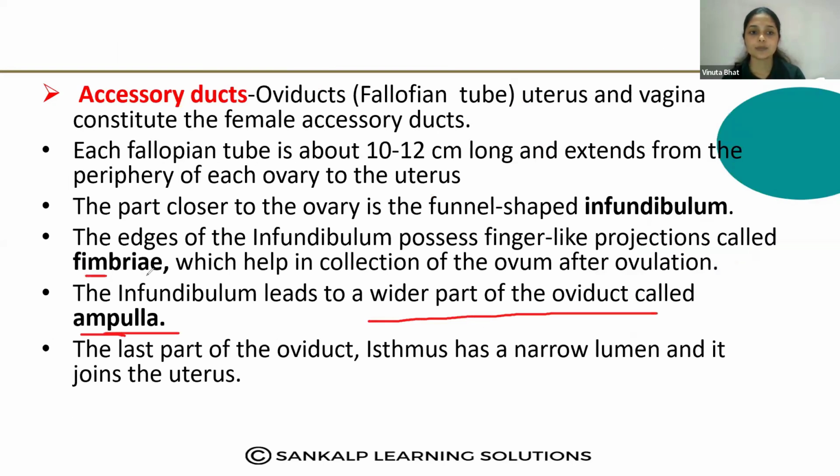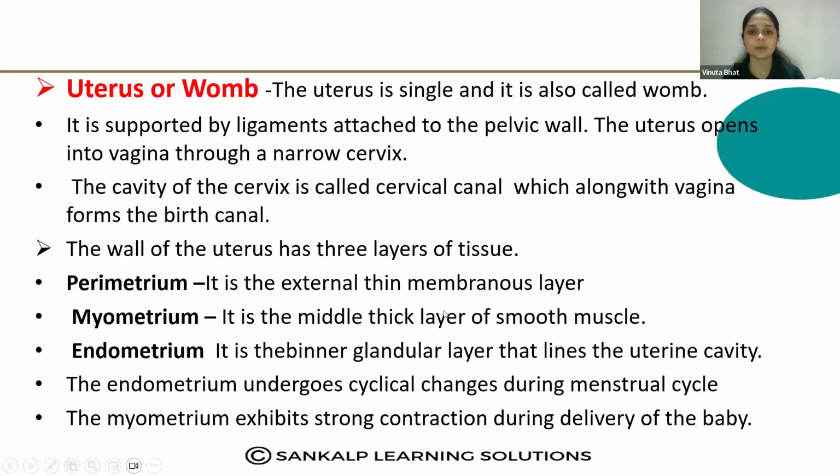And the finger like projections collect the ovum after ovulation, and the narrow last part of the oviduct is called the isthmus. So these are the three important parts of the oviduct or fallopian tube.